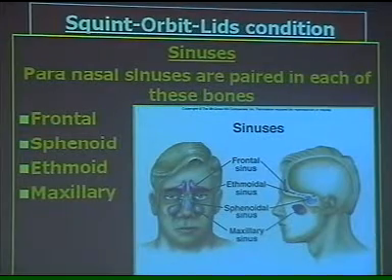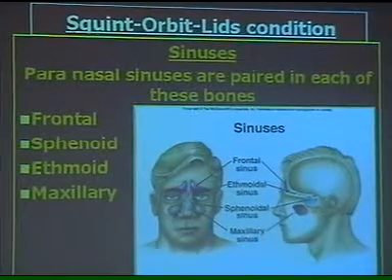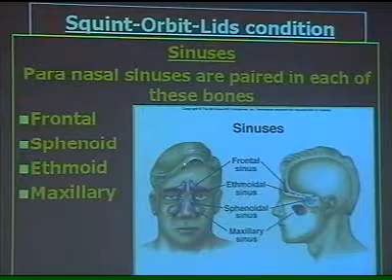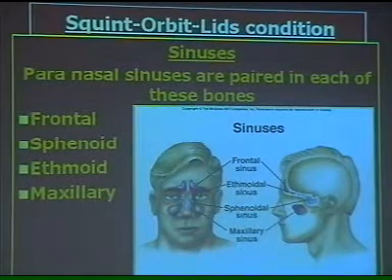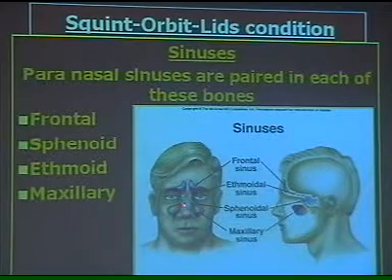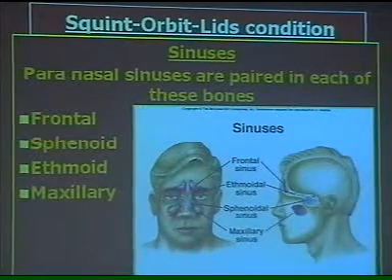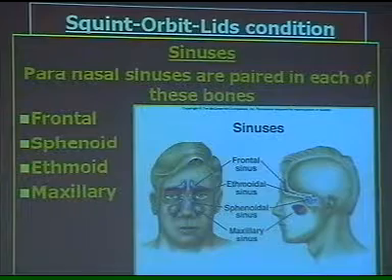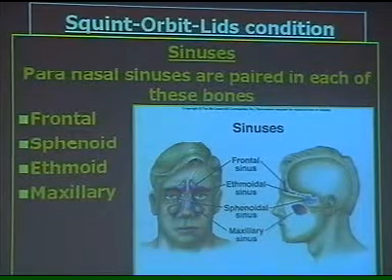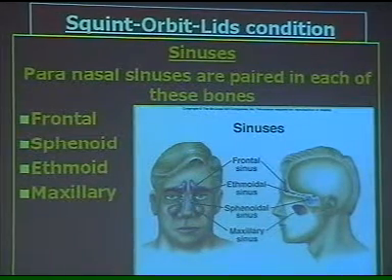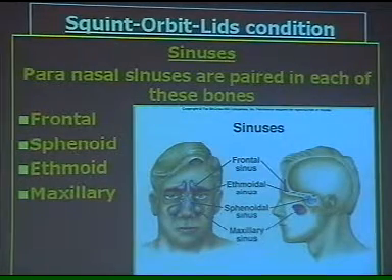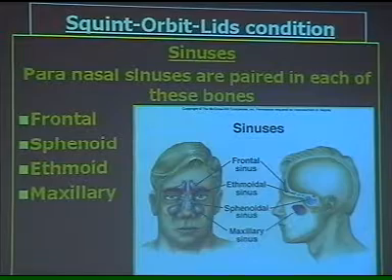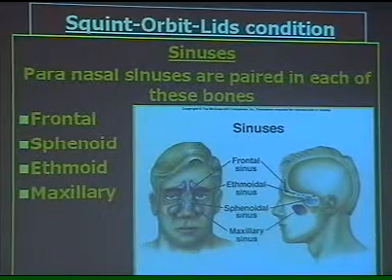They may be the initiator of orbital disease, like sinusitis leading to orbital cellulitis. You can see that these are the frontal, these are the sphenoid, this is the ethmoid, and here lies the maxillary. Out of all the 4 sinuses, the ethmoid has a very, very thin wall, which means that an inflammatory process can very easily enter into the orbit and can invade the orbital tissue.